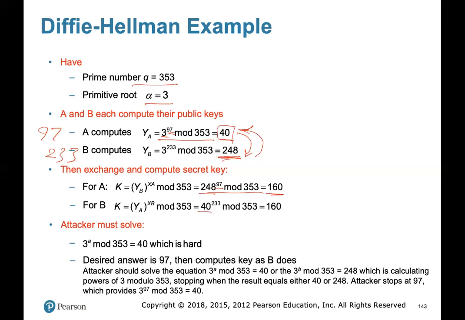So he calculates 40 to the power of his private key 233 mod 353 and gets the same number, which is 160. So this is how they share and agree upon a key. And hereafter, this 160 can be considered as a key that both of them have, and they can work upon it. Okay, I think that should be enough for today.